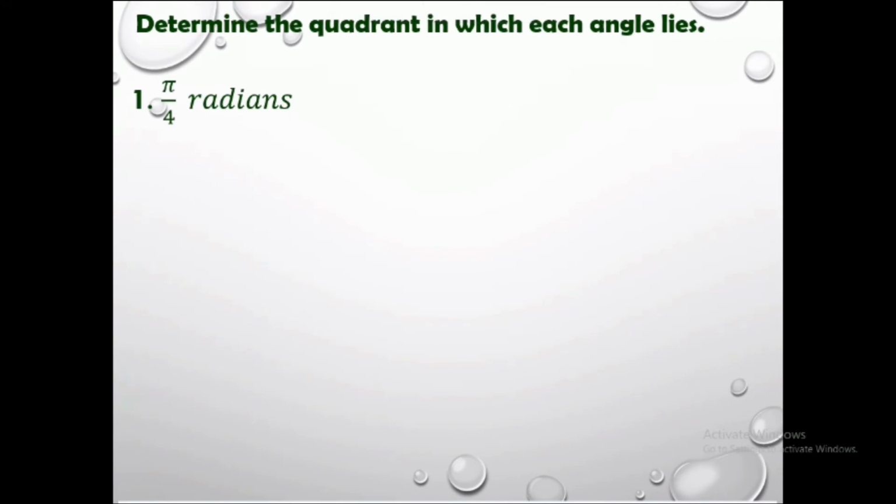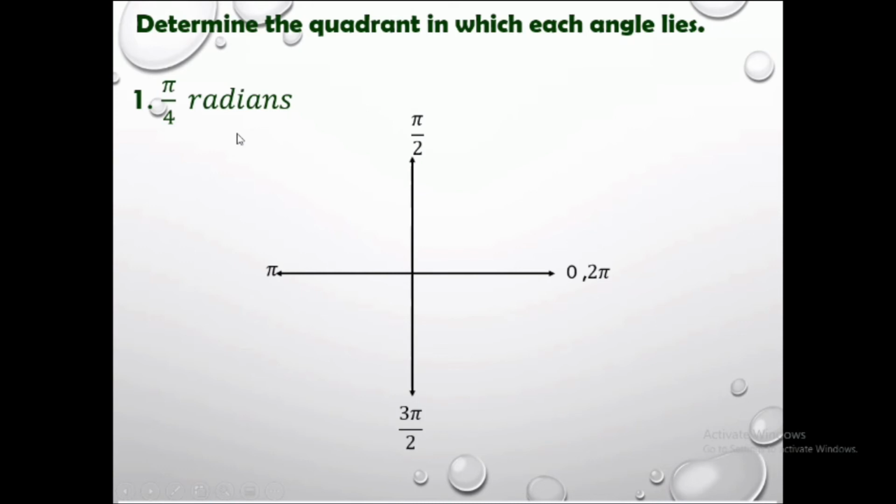Determine the quadrant in which each angle lies. Example number 1, pi over 4 radians. We have x and y axes labeled in radian measures and the location of the first quadrant, second quadrant, third quadrant, and fourth quadrant.